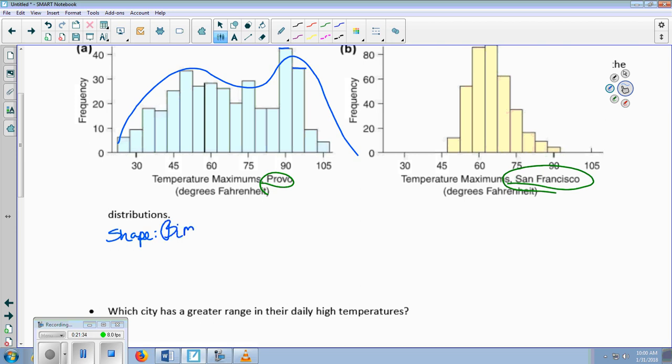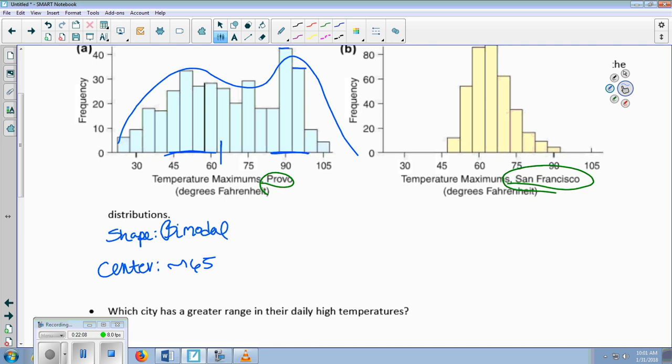You definitely want to give some information that there seem to be 2 peaks, one over in this area and one here, if you were describing the shape of this. But what would we say is a typical value? We want to think of what we think the center is. And maybe that looks like it would be in this area, maybe around 65. It's hard to say, but that could be a good guess.